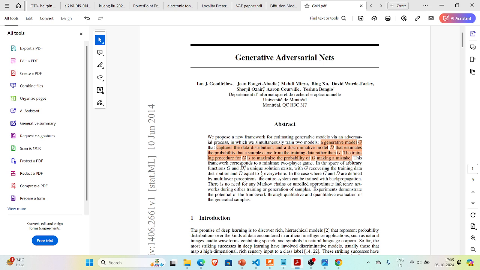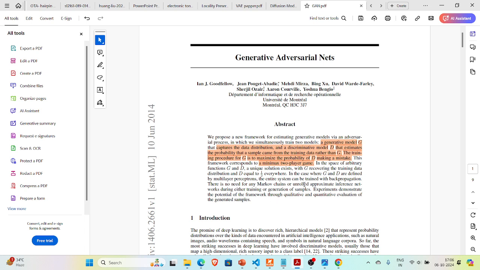This framework corresponds to a minimax two-player game in the space of arbitrary functions. This comes from the concept of game theory. The players are G and D. In the space of arbitrary functions G and D, a unique solution exists with G covering the training data distribution and D equal to half everywhere.